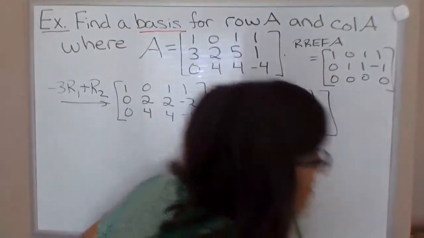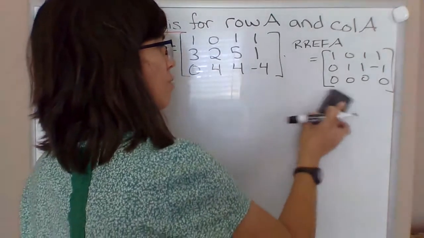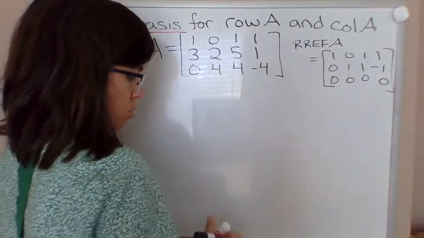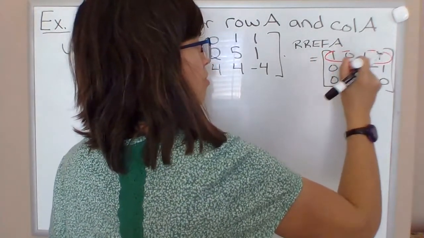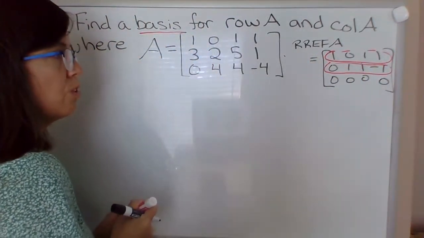Where's my eraser? Okay, so if we want a basis for the row space of the original matrix A, we can just use the rows of this reduced form here as our basis, the non-zero rows.